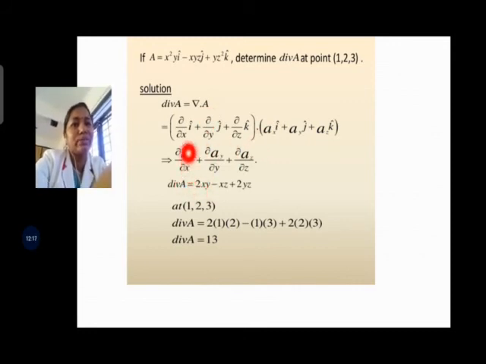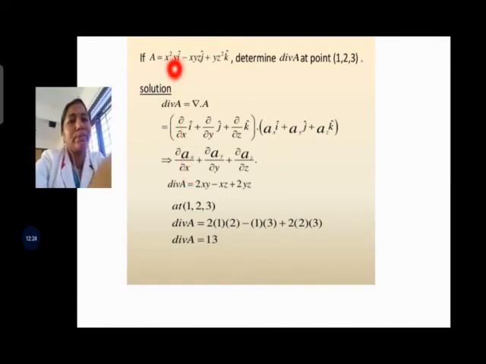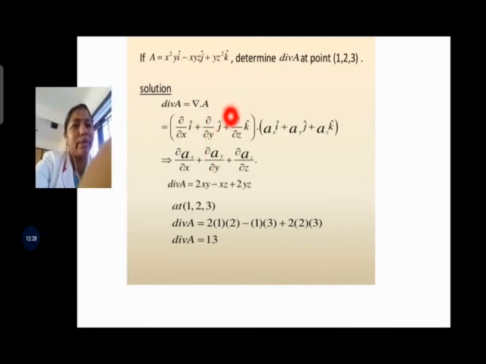Now we can substitute the coefficient x square y in the place of Ax, then minus xyz, plus yz square. So you have to differentiate once.